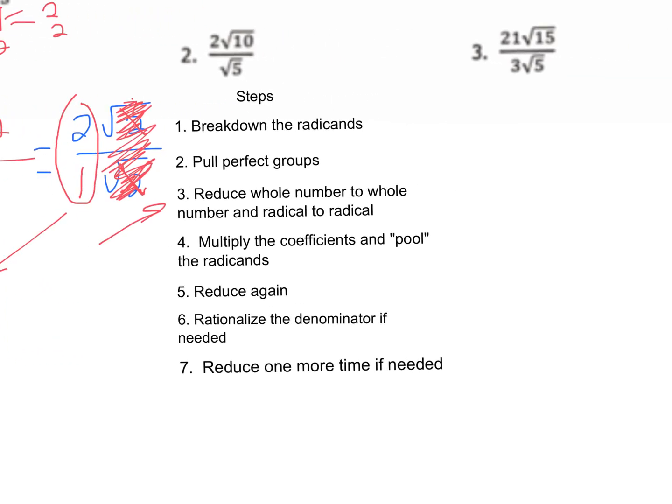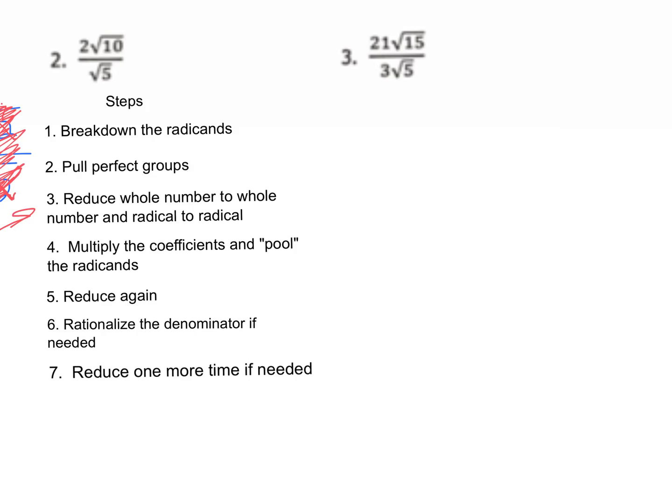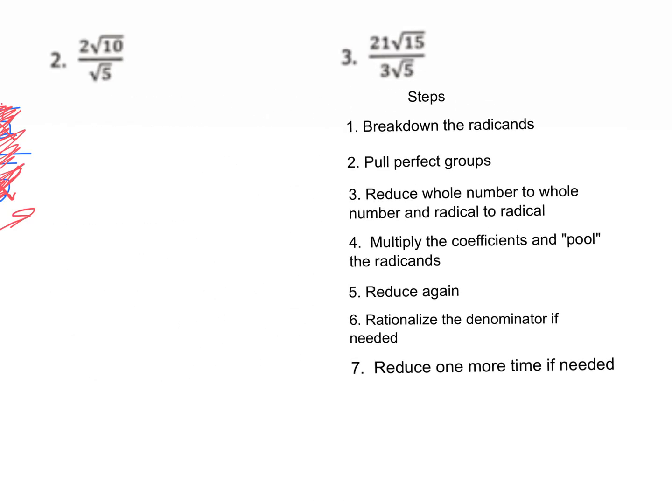Alright, so let's scooch this over. Let's look at question 2. And let me move my steps over here. Alright, so here we go. Step number 1, break down the radicands. Again, 10 is 2 times 5. So I have 2 radical 2 times 5 all over radical 5. Step 2, pull the perfect groups.